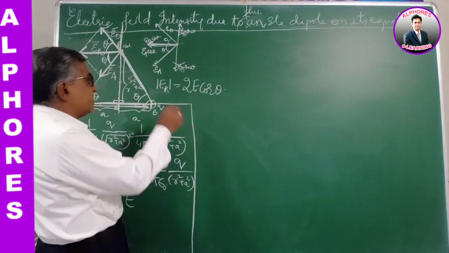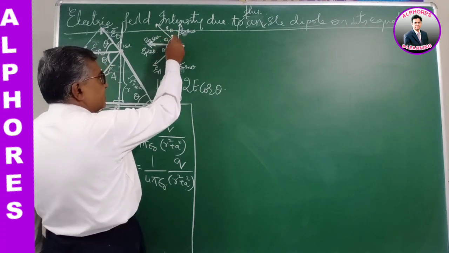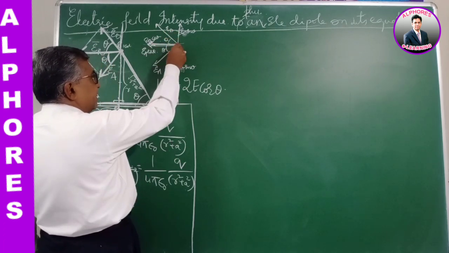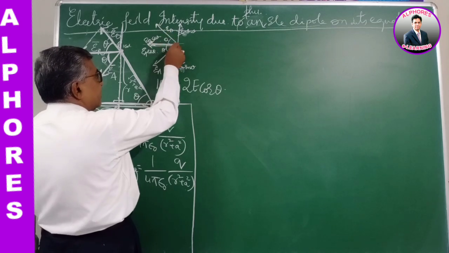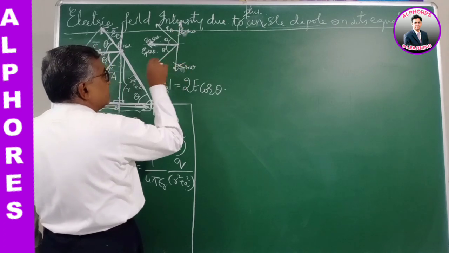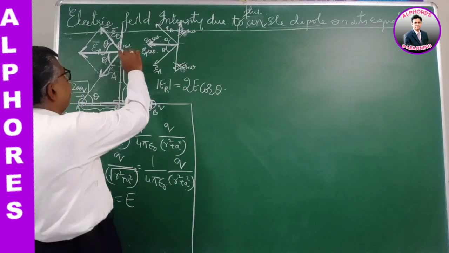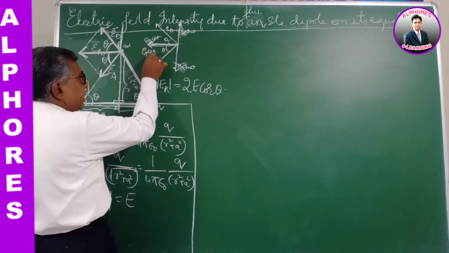Resultant electric field intensity, splitting the vector into components: EA cos theta, EA sin theta, EB cos theta, EB sin theta. The sine components are opposite and their magnitudes are equal, so they cancel one another. Now the resultant electric field ER is EB cos theta plus EA cos theta.